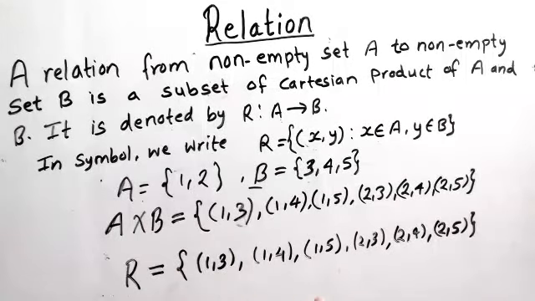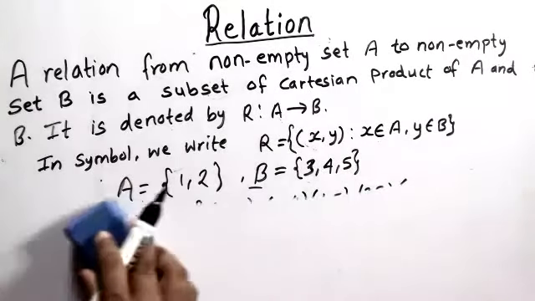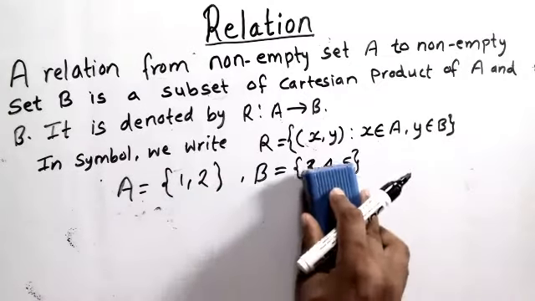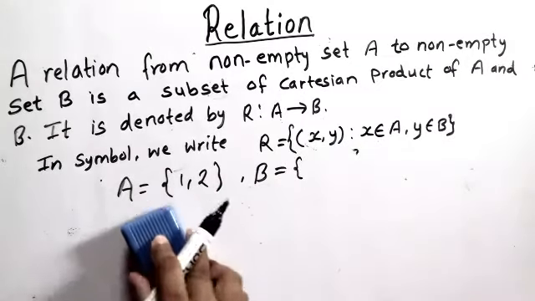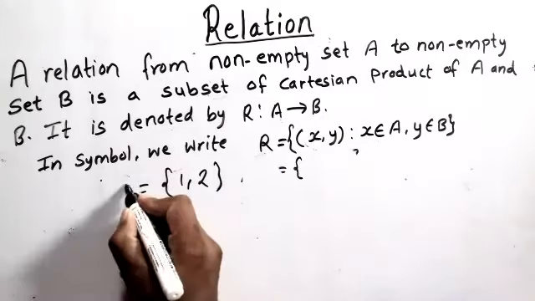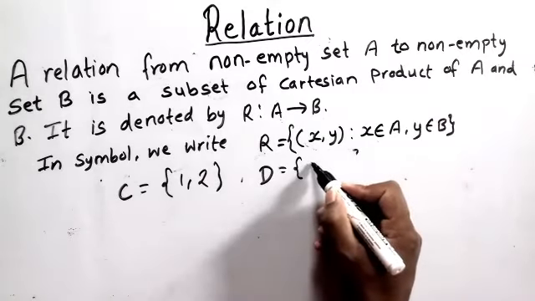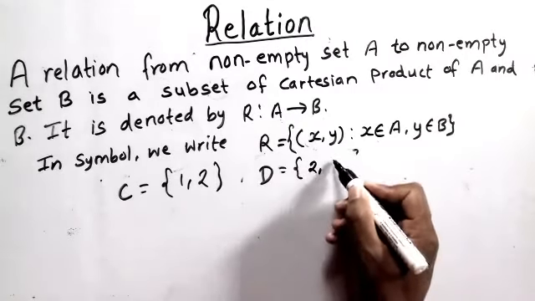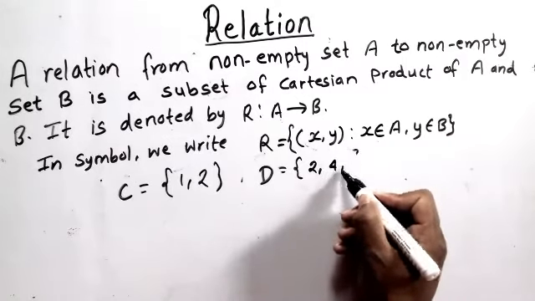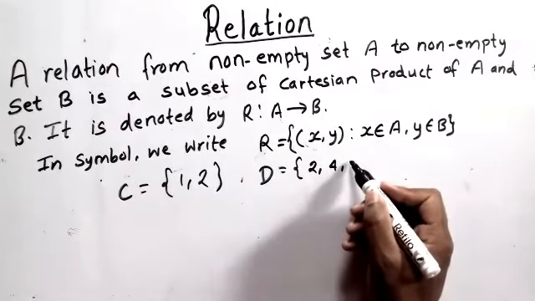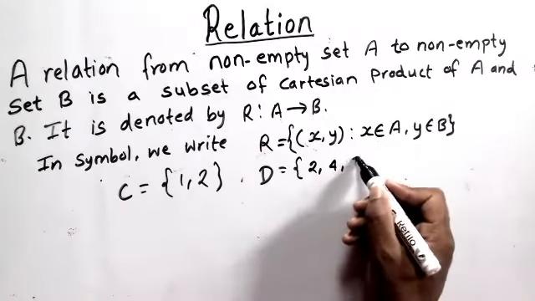Now let us take another example in which the number of elements in the relation and in the Cartesian product are not equal. Let us take sets C and D, with C containing 1, 2 and D containing elements 2, 4, 7.